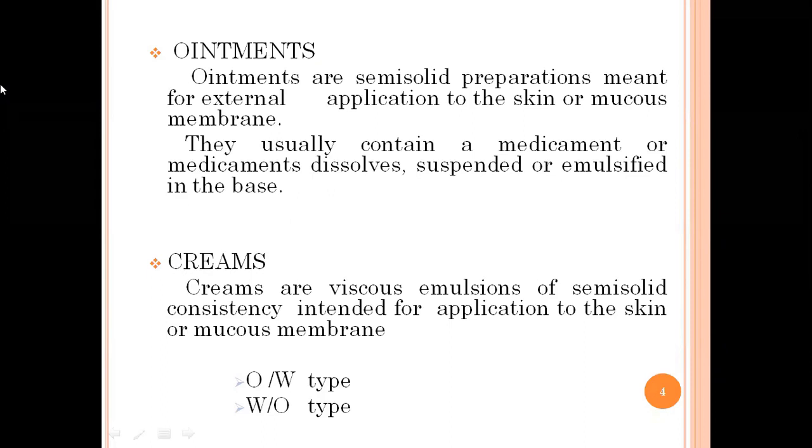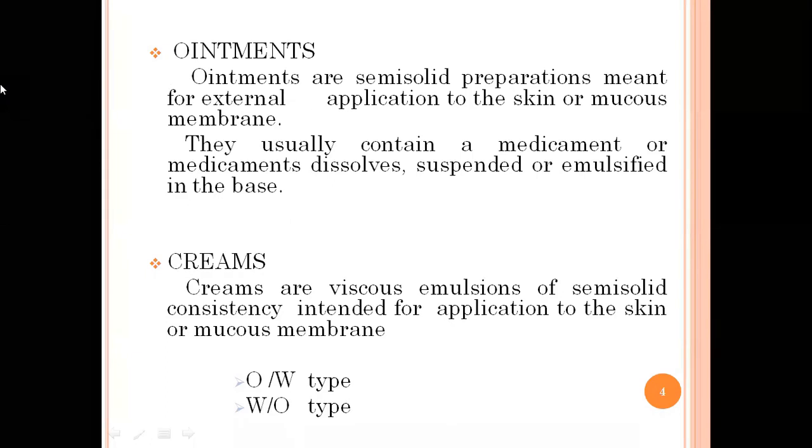So basically, if you see the formulation of ointment, it is lipid in nature. It has a lot of waxy material, it has a lot of oily material in it. So the medicaments are either dissolved or they are suspended, or you emulsify them with the base and they are utilized for applications.